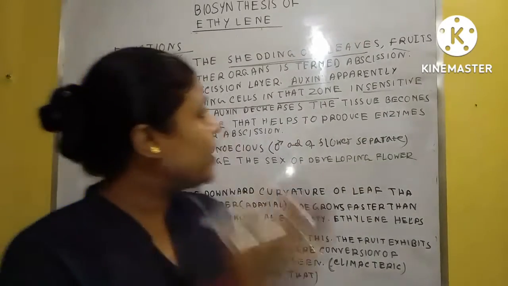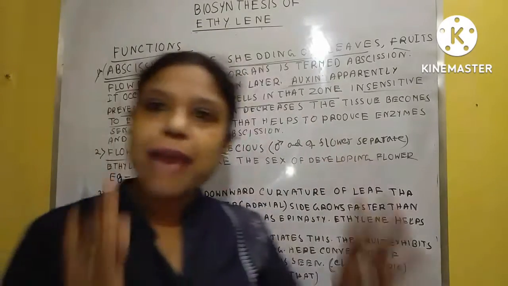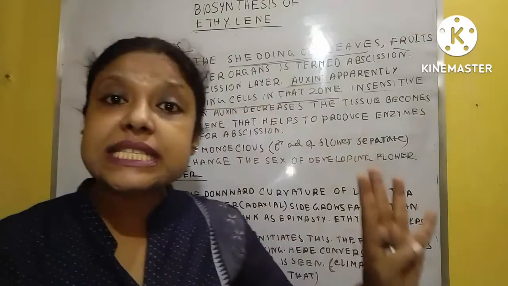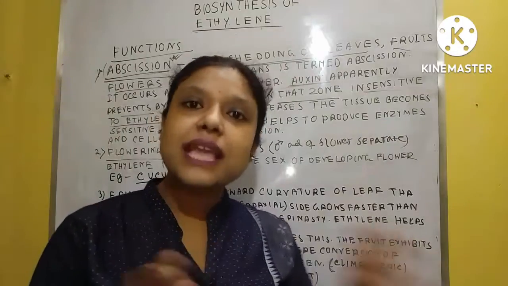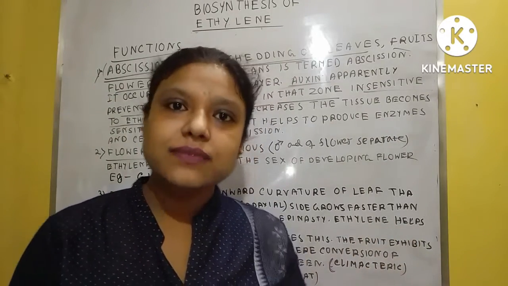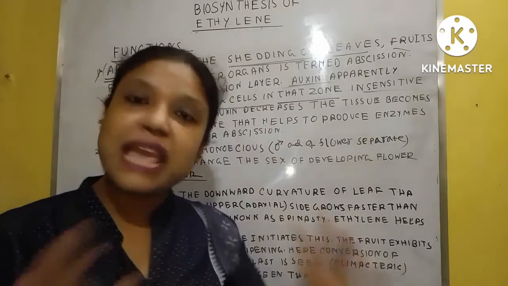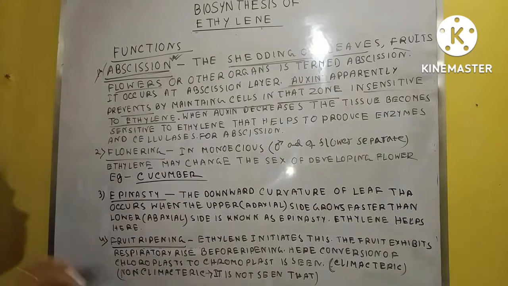When the auxin level is high, these cells present in the abscission zone are insensitive to ethylene, and then the abscission process is not seen in any part of the plant's body. Clear?